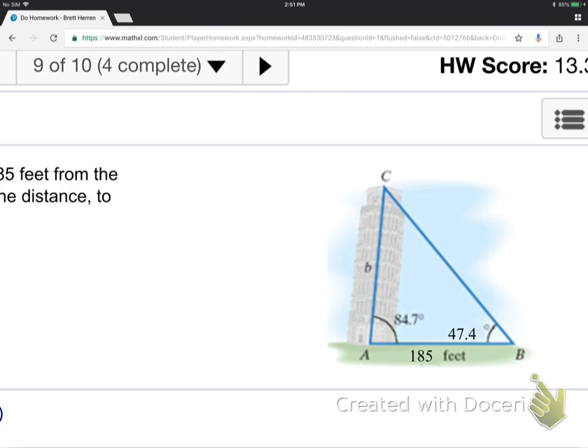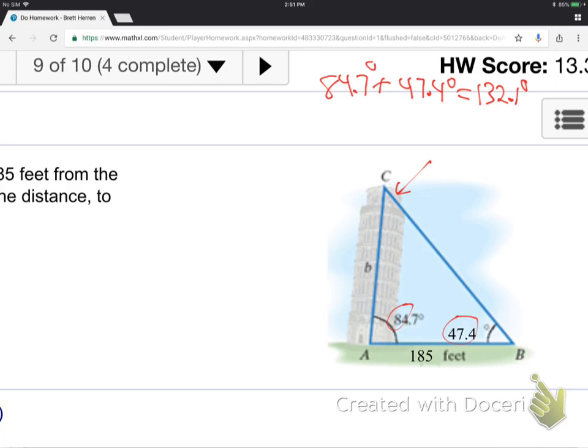So crank out law of sines there. We have to find the angle C first. Exactly. So first you got to find the missing angle. Good job. What's this missing angle? You got to take these two angles, add them up. 84.7, 47.4. What is that? 132.1, I think. Did I get that right?